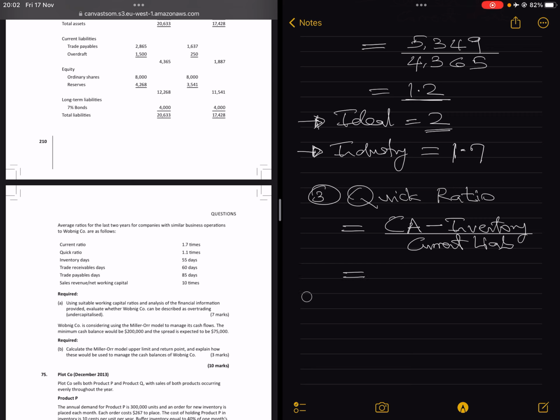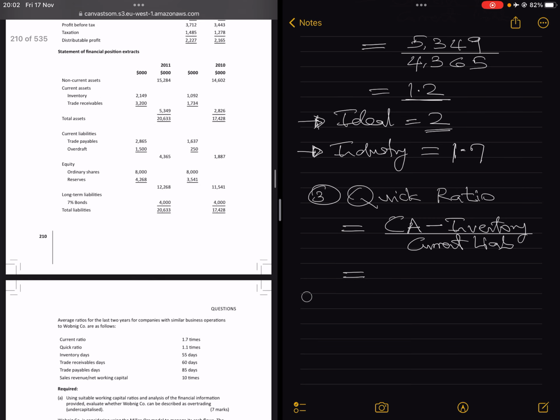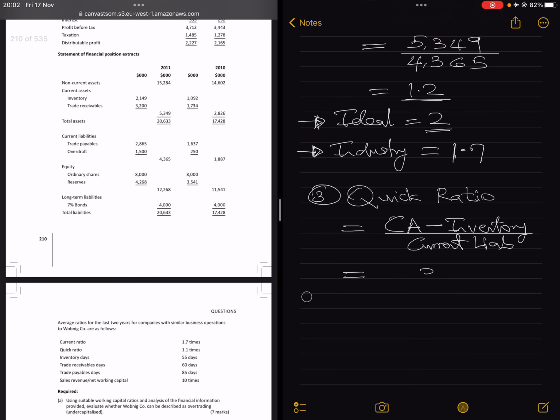Because we only have 2 items of current asset, just account receivable is left, and that will be 3200 over 4365. If you press the calculator, we have a quick ratio of 0.73.